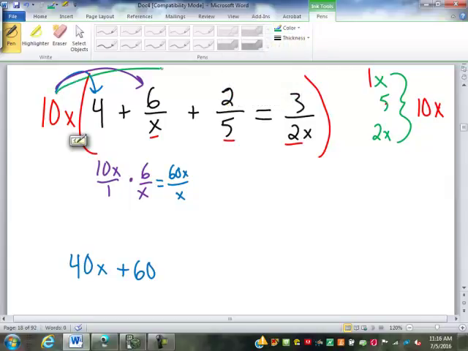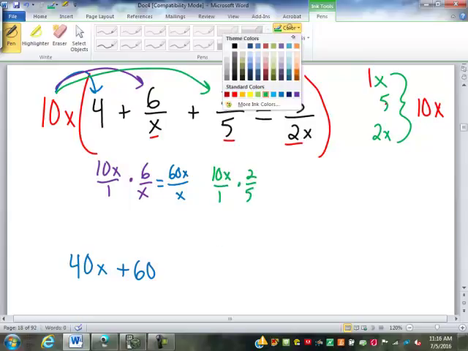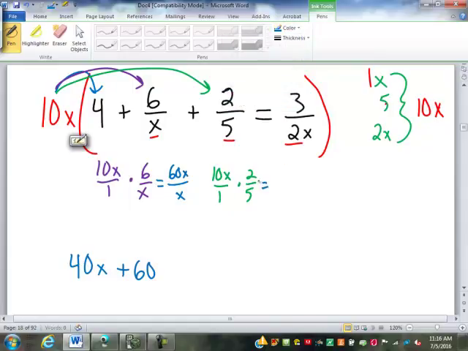So then I have 10x times 2/5. So again, I make it 10x over 1 times 2 over 5. 10x times 2 is 20x. 1 times 5 is 5. That divides out to be 4x. 20 divided by 5 is 4, and there's nothing to divide the x.